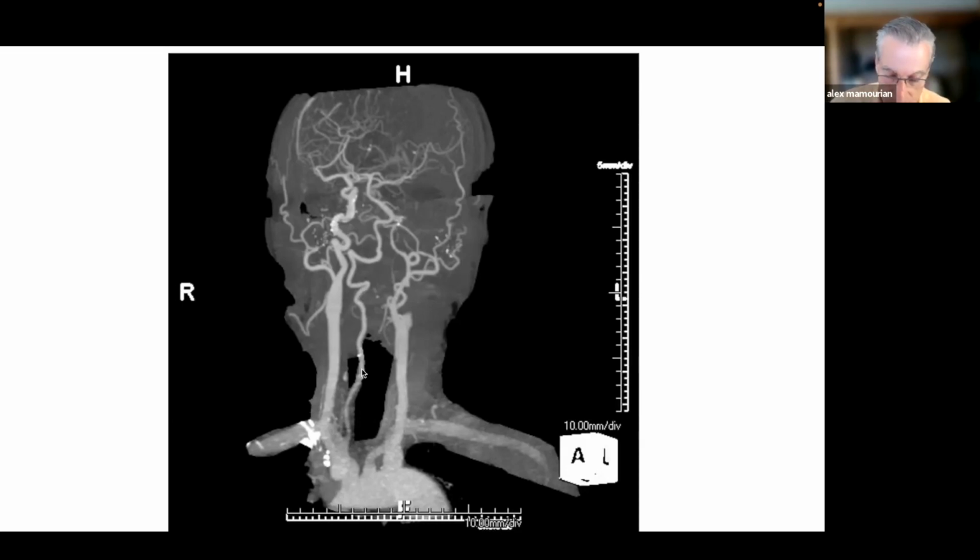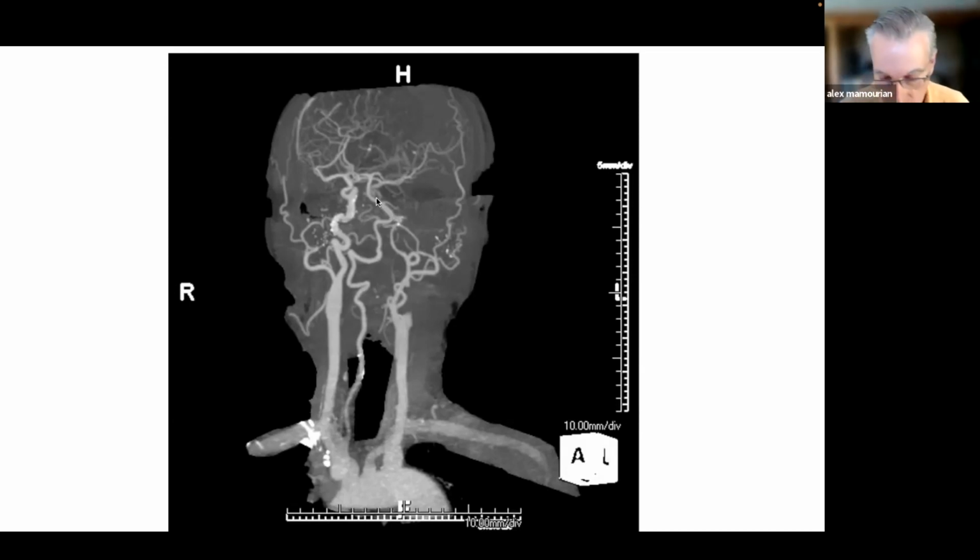The second segment is the part that runs through the cervical vertebral foramen. Then there's this portion here that loops around at the upper cervical spine. This is going to be the V3 segment. And where the vertebral artery enters the skull base and before the confluence, this is called the V4 segment.